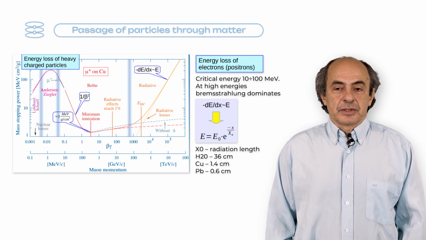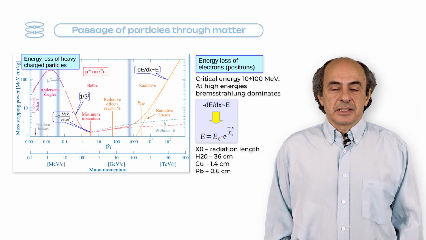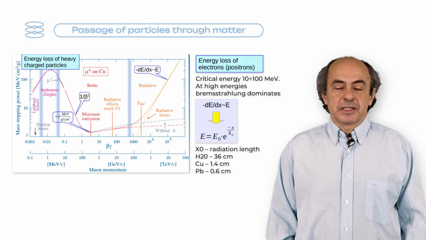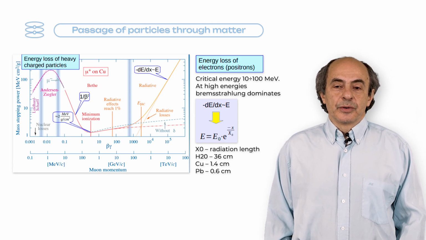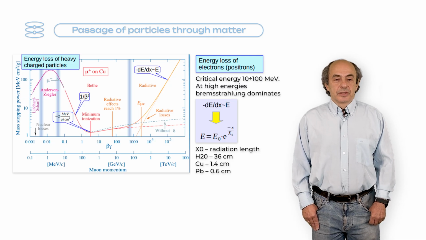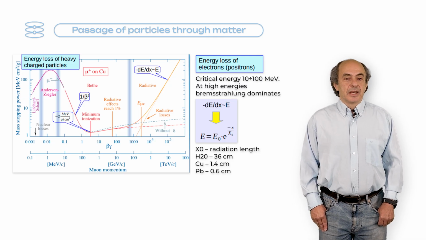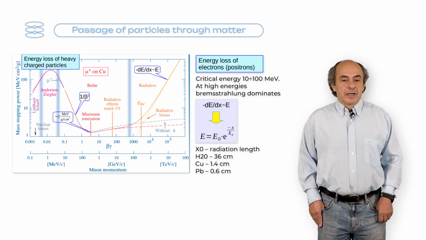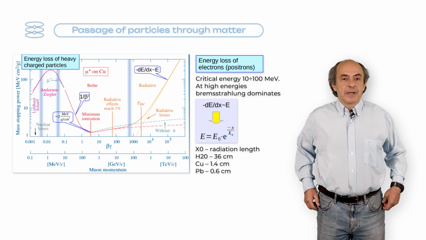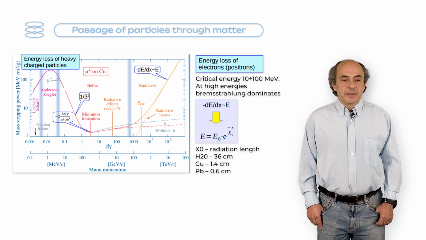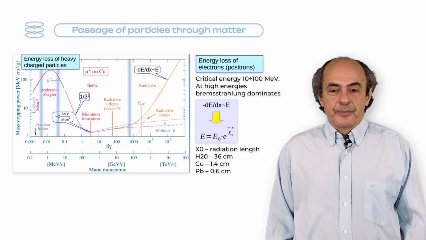And because the energy loss is proportional to the energy, the energy decreases with a decaying exponential law, and we can introduce the so-called radiation length X0, which is the length over which the energy of an energetic electron becomes e times smaller.